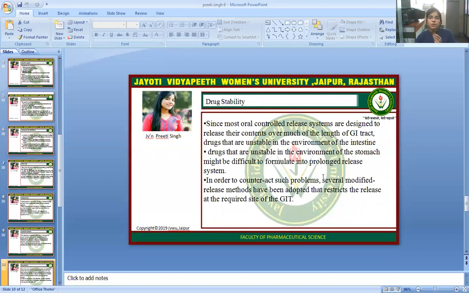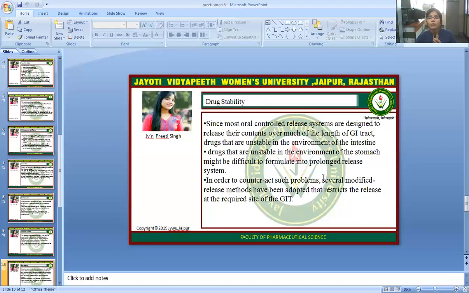Since most oral controlled release systems are designed to release their contents over much of the length of the GI tract, drugs that are unstable in the environment of the intestine, or unstable in the environment of the stomach, might be difficult to formulate into prolonged release systems.